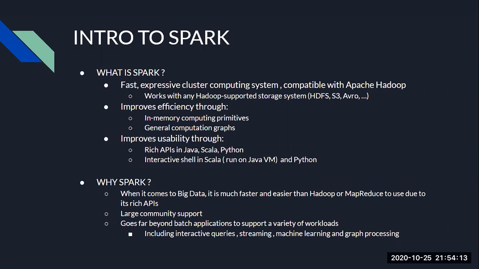So it's compatible with Hadoop and works with any Hadoop-supported storage system. And we talked about it already: S3 is an AWS service, so please disregard this. I haven't edited the slide.